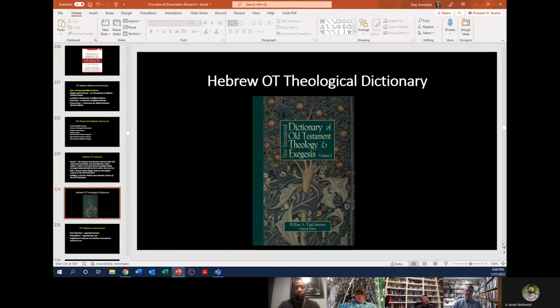Whatever word starts with Aleph, you would find it here, and it does start from the front of the book and go to the end of the book, unlike your Hebrew Bible, where you start at the back and then you have to move forward. But you have it in Aleph, Bet, Gimel, Dalet, in that order, to be able to look up the words.